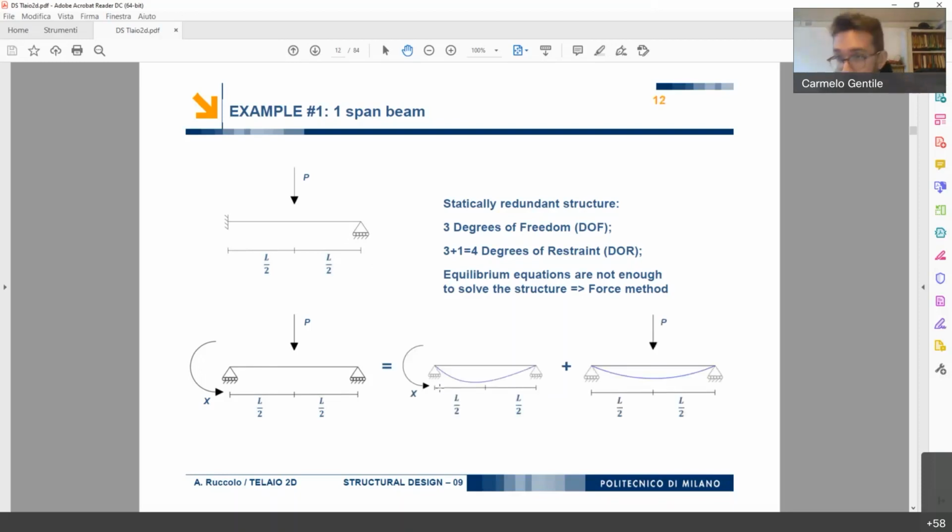If we want to solve this structure using the force method, I don't want to go into details, just going quickly. We have to exploit the superposition principle.